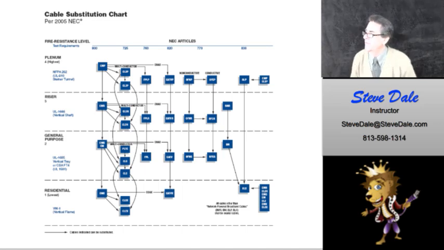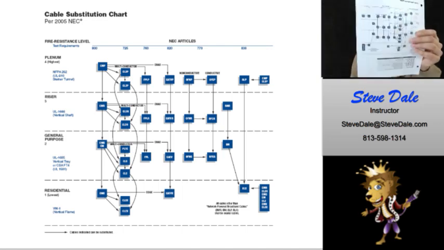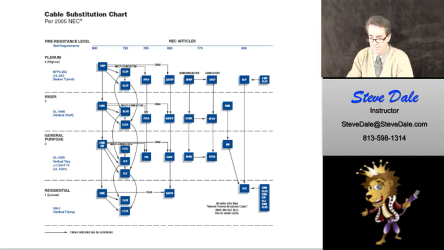Okay, this is before 2005. They were using MPP. If you look at your paper here, you can see the very top left-hand side is multi-purpose plenum cable. All right, after 2005, they stopped naming a category for multi-purpose plenum cable or riser cable or general cable.